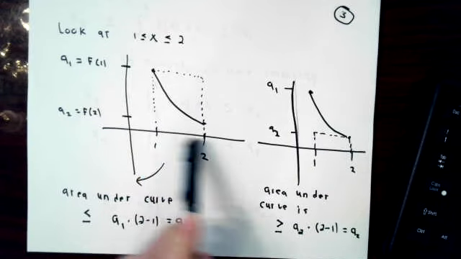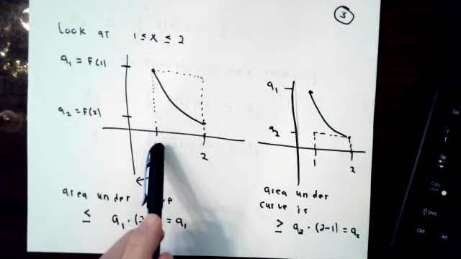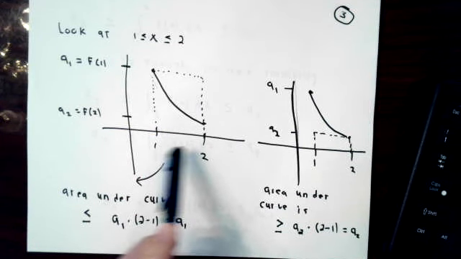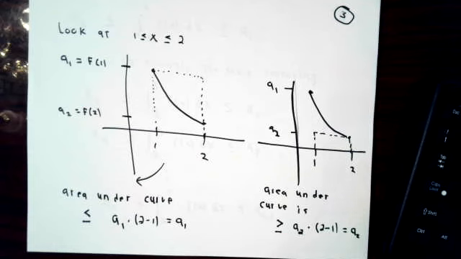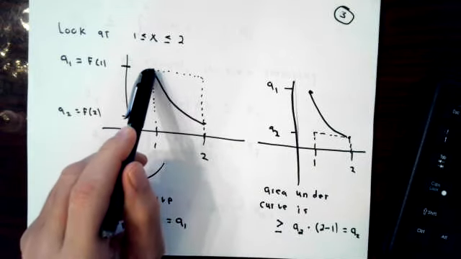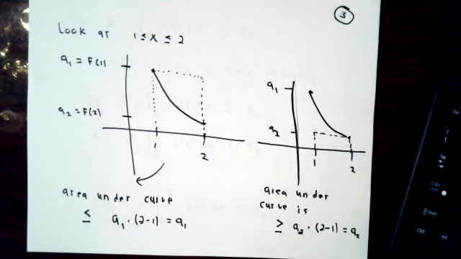Across the bottom, x goes from 1 to 2, so the horizontal width of this rectangle is always going to be 1 unit, whether I'm going from 1 to 2, or 2 to 3, or 50 to 51, or whichever one of them that I'm looking at. When you're on the graph of a function, the y-coordinate is the function value. So this y-coordinate is f evaluated at 1, but that's supposed to be a_1.